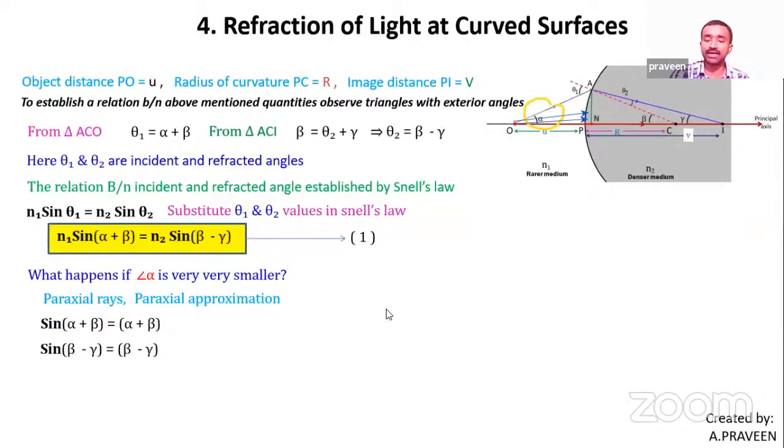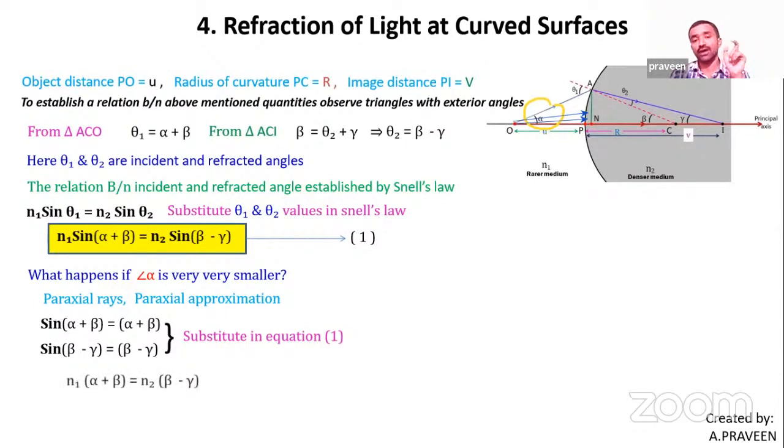Then substitute these values in equation 1. What happens when we substitute them? From equation 1, n1 into sin of alpha plus beta becomes n1 into alpha plus beta, equal to n2 sin of beta minus gamma, which we write as n2 into beta minus gamma.